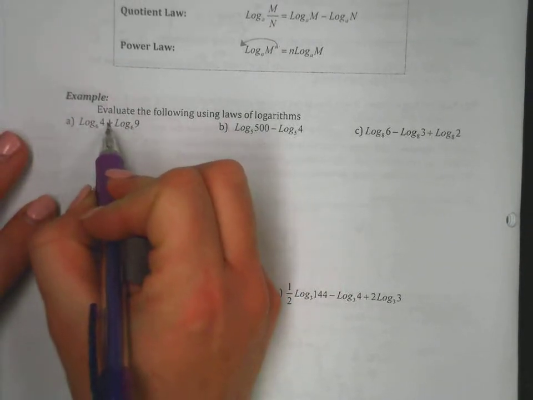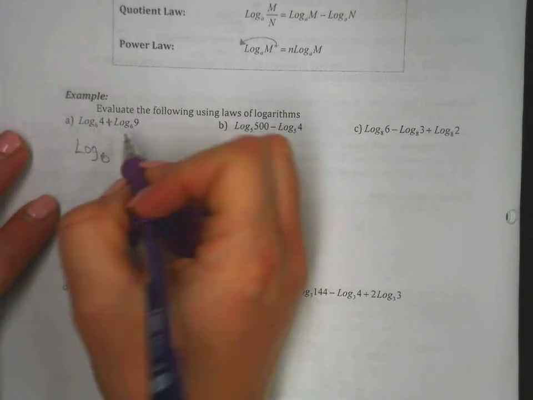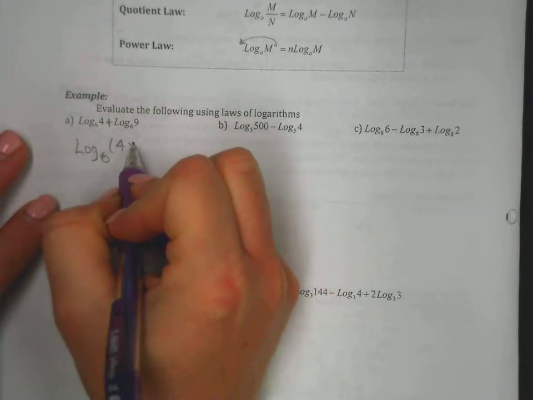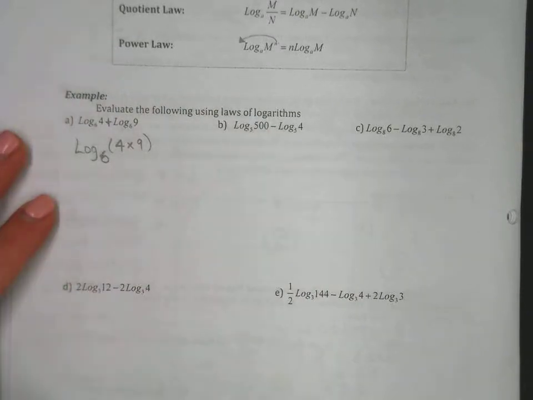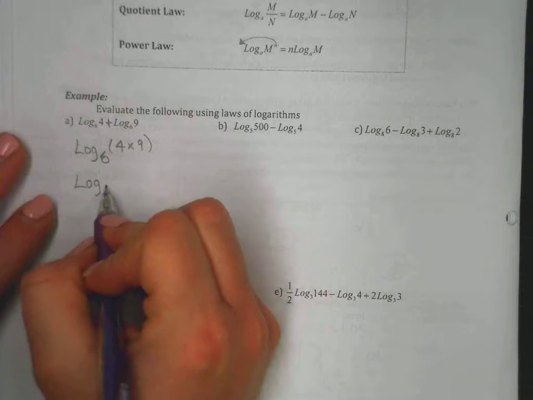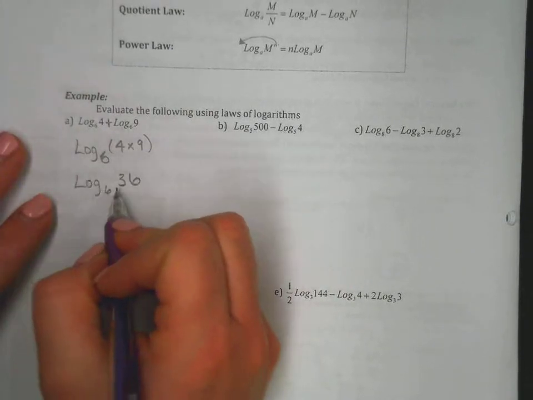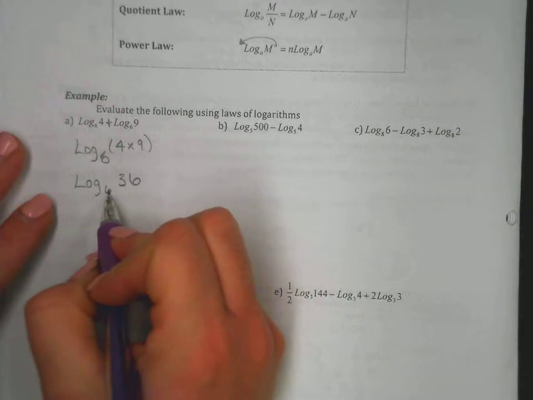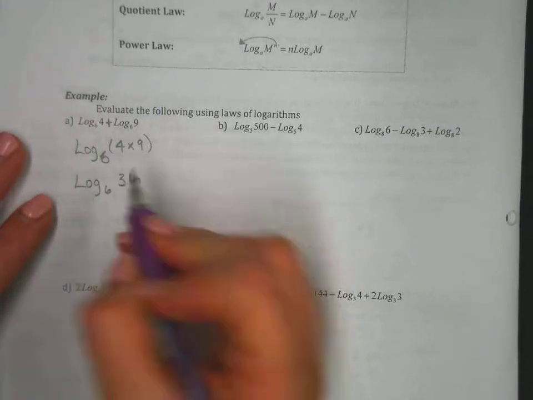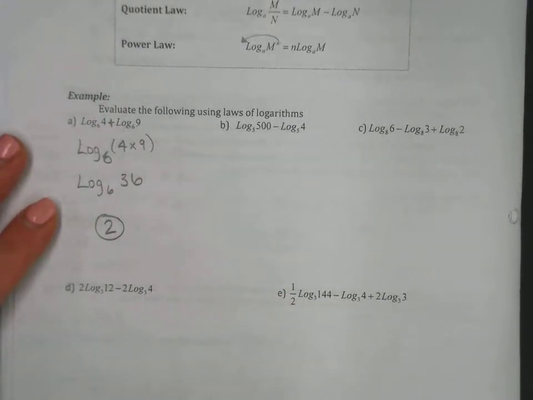Because I see this plus sign, I can rewrite this as log base 6 of 4 times 9. 4 times 9 gives me 36. So log base 6 of 36. Now I can evaluate this. 6 to what power equates to 36? This should evaluate to 2.